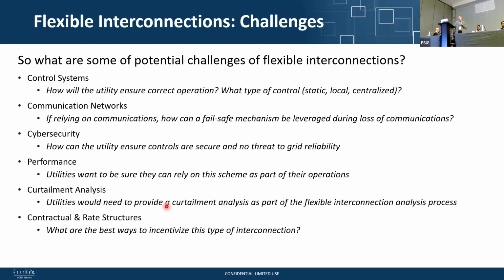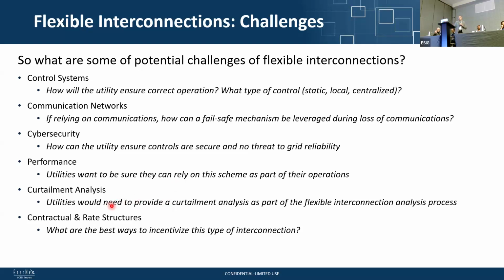you need to make sure you're taking cybersecurity into account, and then performance. A big pushback on a lot of this is, can the utilities rely on this and build that reliability into their planning?